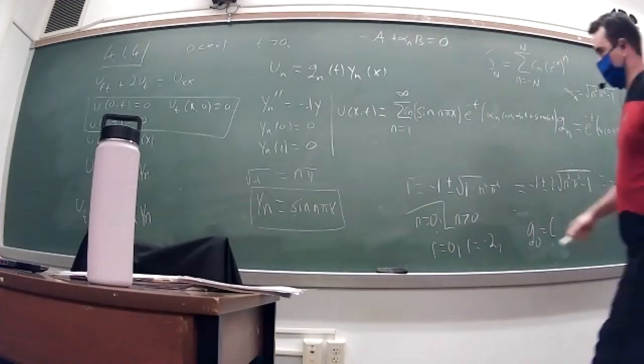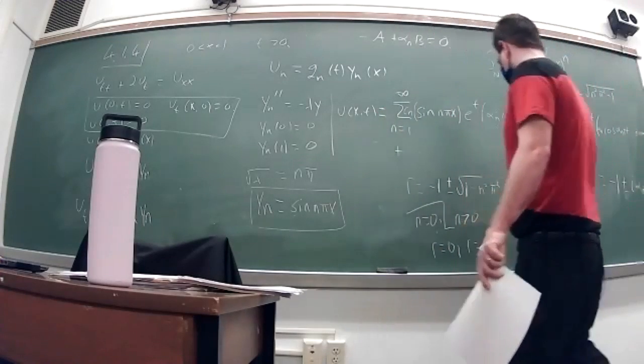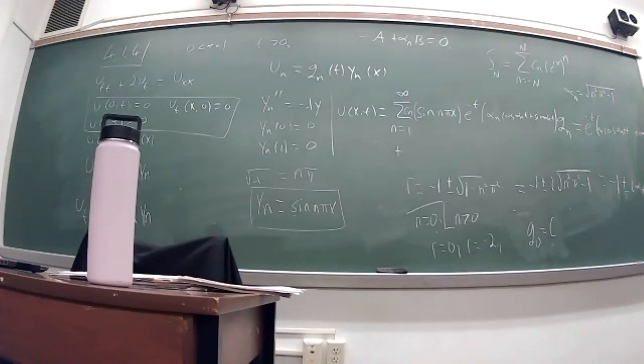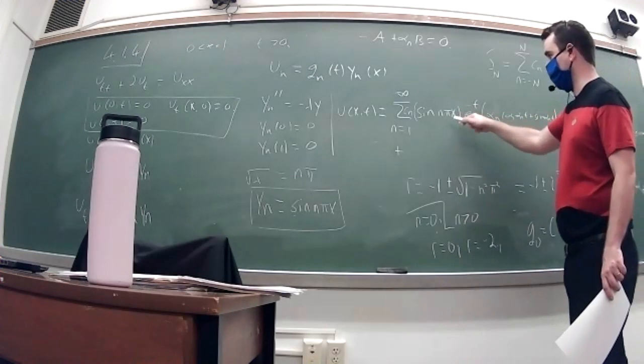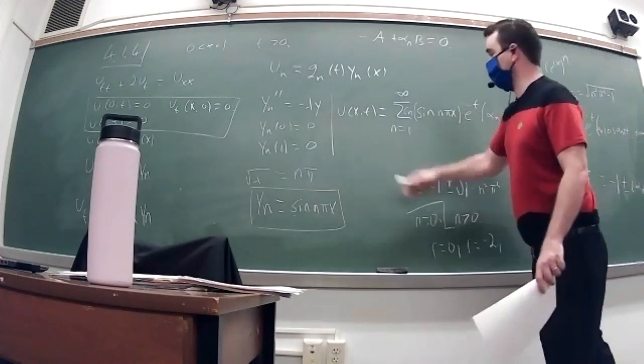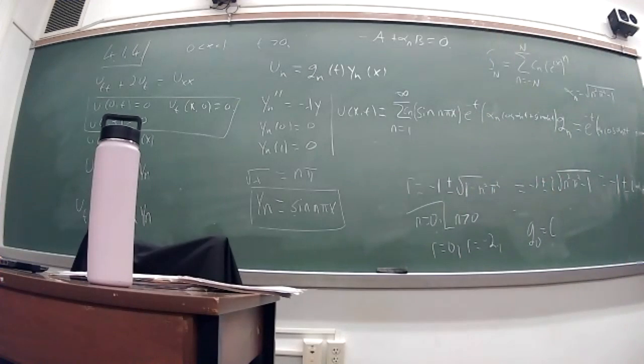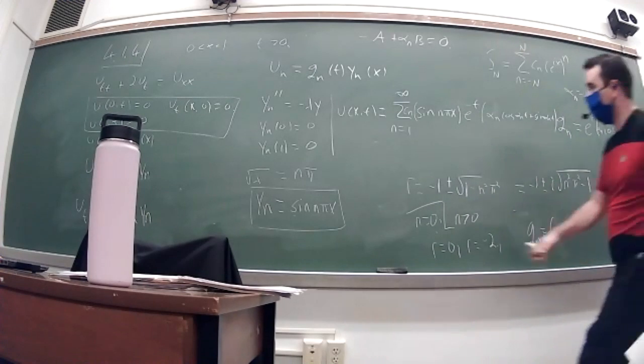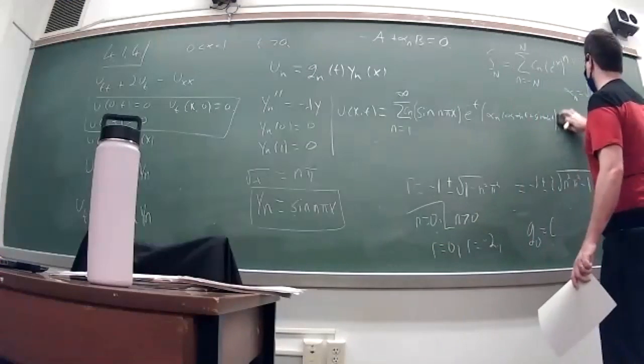And then you've got this n equals 0 term, which is going to be constant times sine 0 pi x, which is 0. So it vanishes and it's not there. So this is your u(x,t).